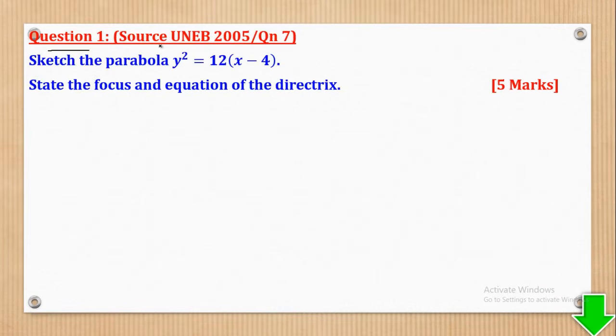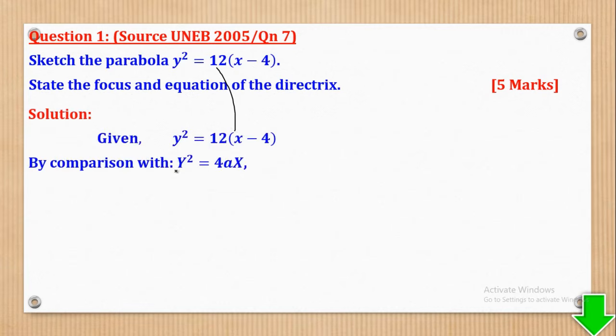Question 1 came from UNEB 2005 paper 1 question 7 and says: sketch the parabola and state the focus and the equation of the directrix. So this is the parabola which is given.